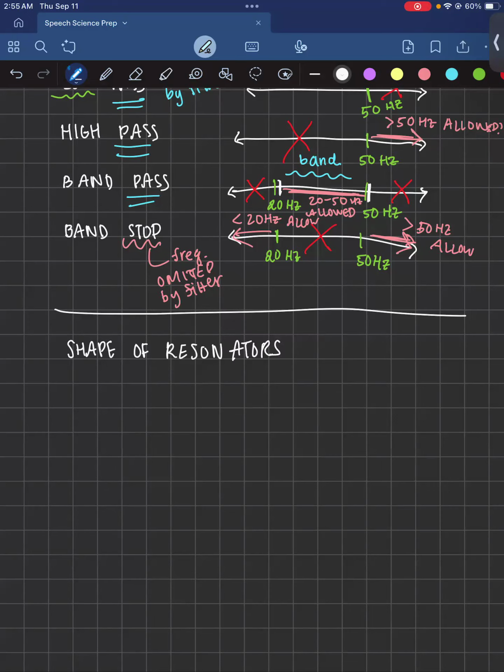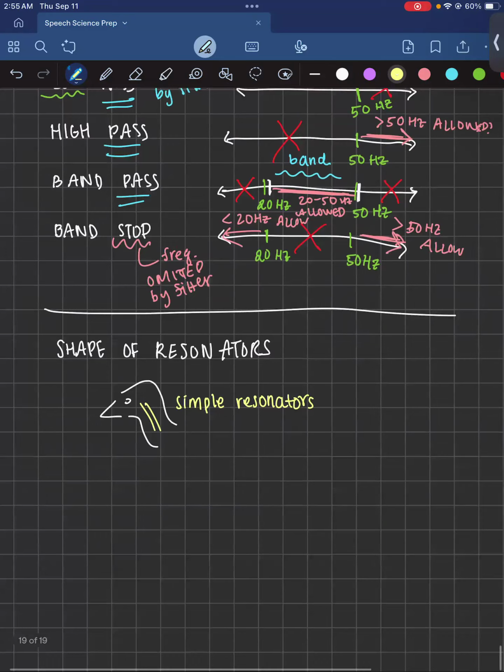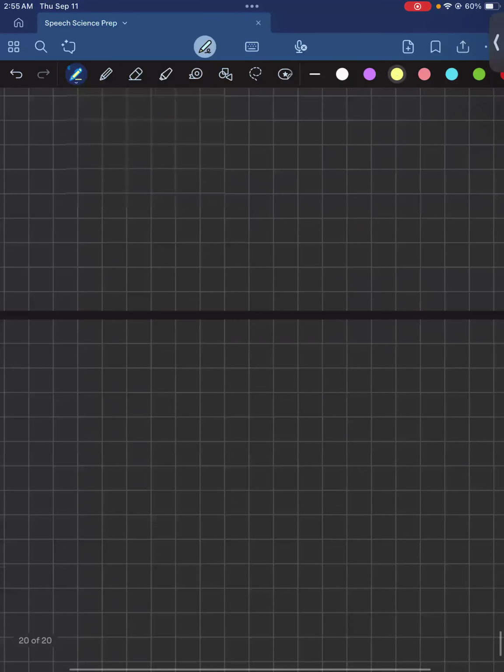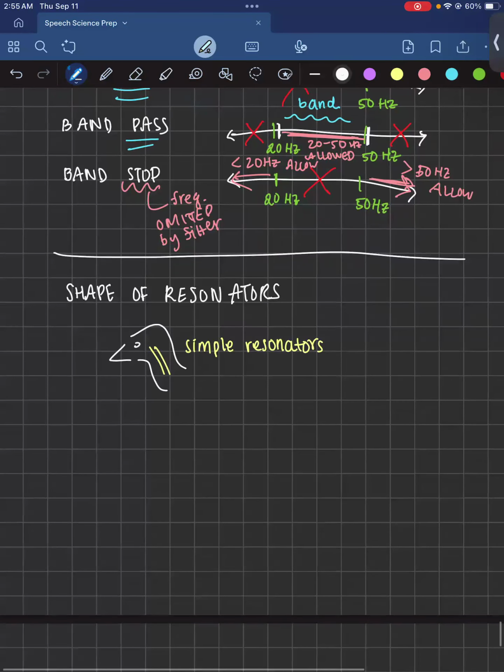Basically, like Dr. Wong was talking about birds, like songbirds and other animals, they'll have very simple resonators, and the shape and everything is not very complex. And so even though they are capable of a variety of sounds, as opposed to humans, it's a pretty simple anatomy. So then we have humans.